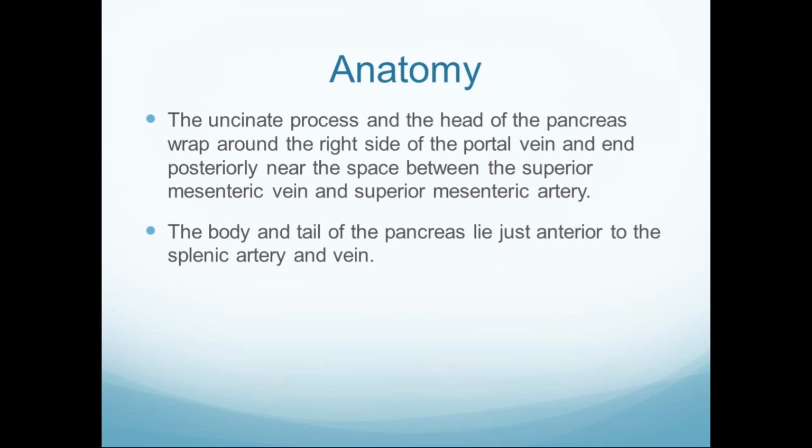The uncinate process of the head of the pancreas wraps around the right side of the portal vein and then posteriorly, near the space between the superior mesenteric vein and superior mesenteric artery. The body and tail of the pancreas lie just anterior to the splenic artery and vein.